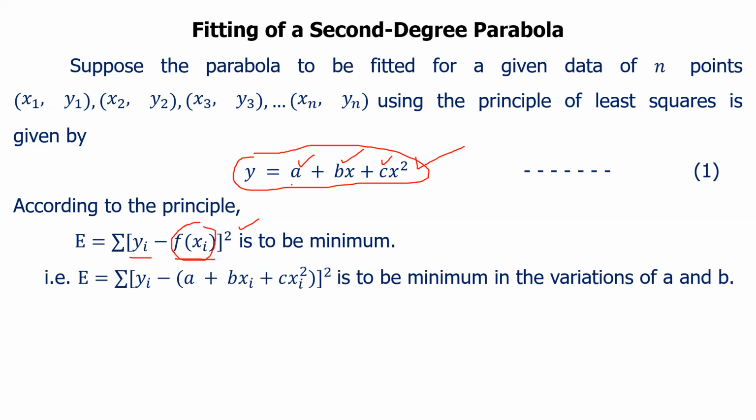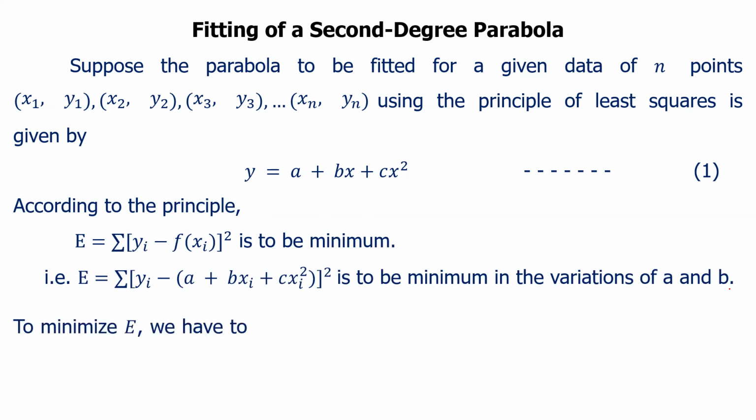We have to put this value a plus bxi plus cxi square, and now we are using the summation, which is i equal to 1 to n, of yi minus a plus bxi plus cxi square, whole square, and this sum is to be minimum in the variation of a, b, and c also. There are three unknowns, a, b, c.